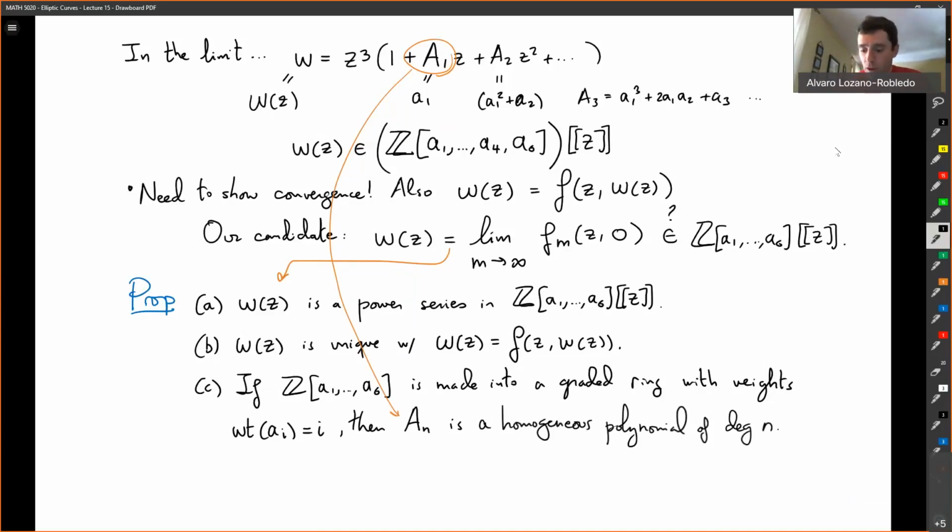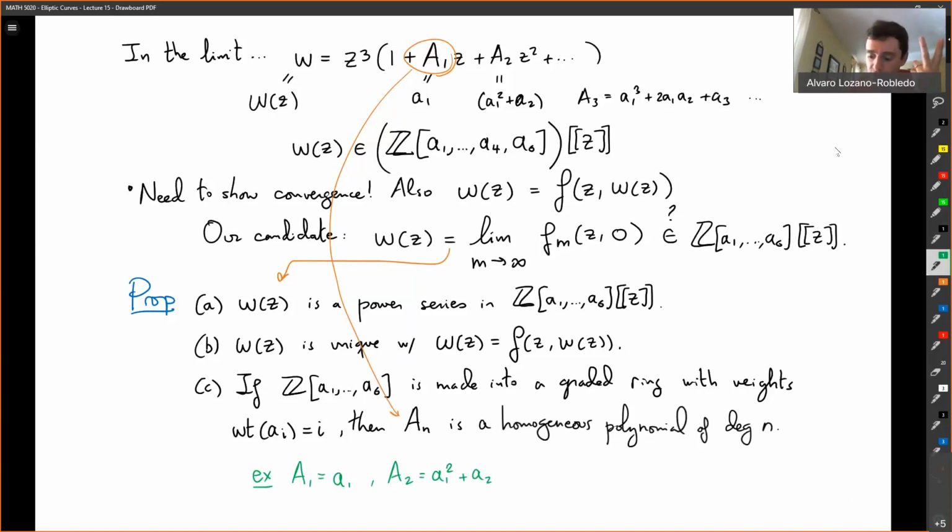So for example, a1 is homogeneous of degree 1, since a1 is a variable of weight 1. A2 is a1 squared plus a2. This is homogeneous of degree 2 because a1 has degree 1, so a1 squared has degree 2, and a2 has degree 2.